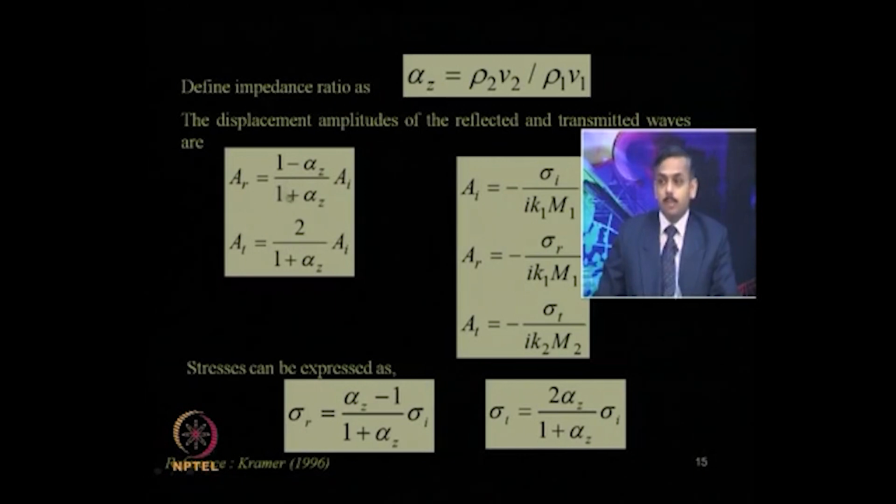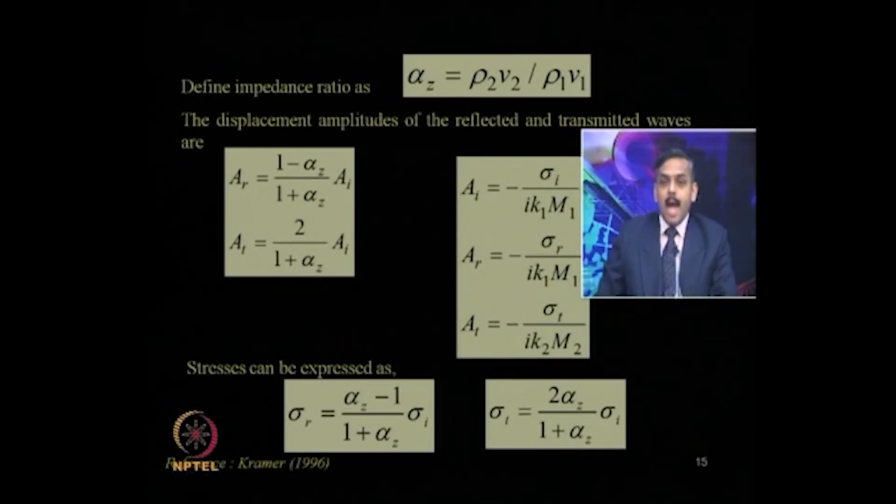We should be able to find out the displacement amplitude of the reflected wave with respect to the incident wave displacement amplitude over this impedance ratio, and the displacement amplitude of the transmitted wave related to the displacement amplitude of the incident wave through this impedance ratio. That is why impedance ratio is so important.